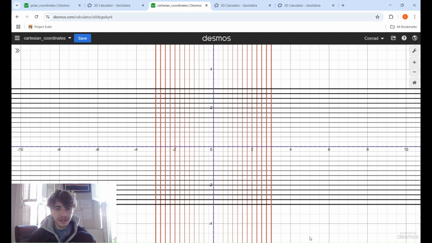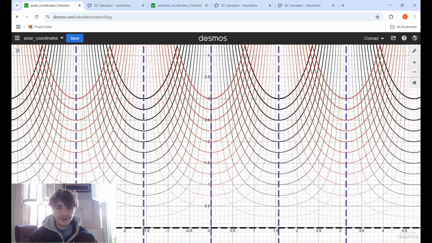The Jacobian of that transformation has determinant equal to r. Then if I apply the inverse function theorem and look at the inverse mapping from Cartesian coordinates into polar coordinates, the Jacobian there will have determinant 1 over r.